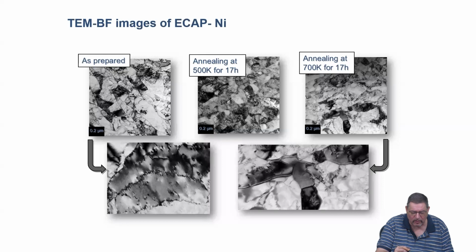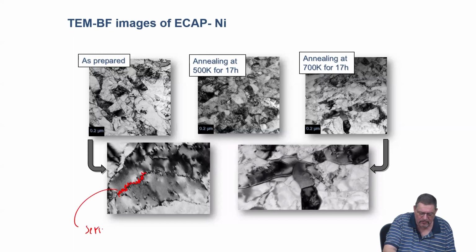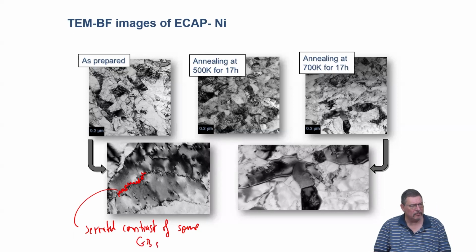And once you see a contrast at some of the boundaries looking like this, which I call serrated contrast, this is a good indication that you have some of these non-equilibrium boundaries present in your system. If you go to higher temperature, they will anneal out. You get rid of the serrated contrast at the grain boundaries. You will not see the fast contribution to grain boundary diffusion.